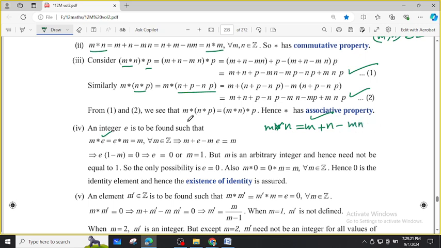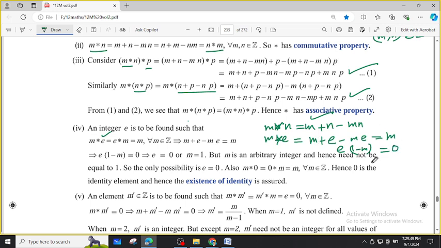As per the formula, m star e is equal to m. So m plus e minus m into e equals m. Now take e common. So here 1 minus m in the bracket, and the minus m and m get cancelled.